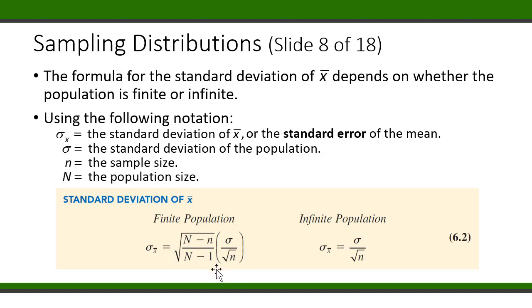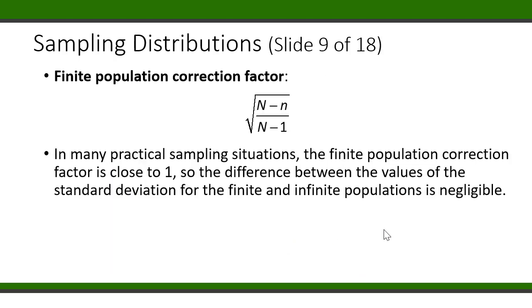So this is the sample. If it's an infinite population, then the standard deviation is equal to sigma over the square root of n. The difference between those two formulas is what they call a correction factor, which is this value here, and that's for finite populations.